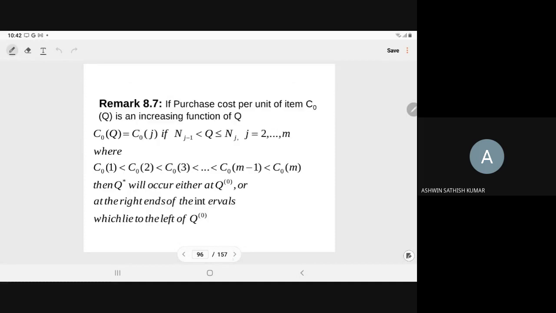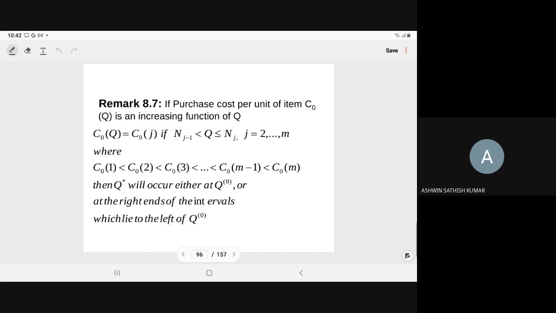Now, an important remark: if we have a very rare item, for example, presently we have the war between Russia and Ukraine, if you want to purchase more items for storing, instead of having the price discount, you have to pay more for the more quantity. Generally, when we have to purchase an item in black, for example, a gas cylinder, if you want to purchase one cylinder, it's okay.